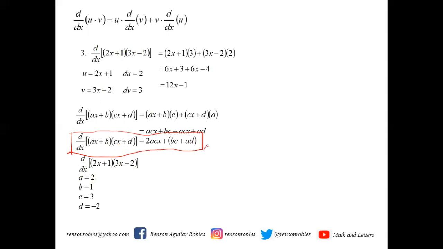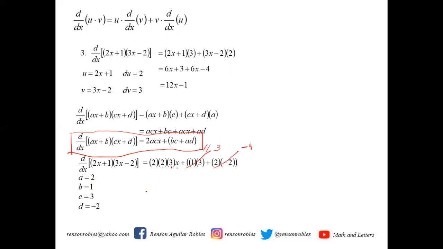By applying this formula, we shall have 2 times a, which is equal to 2, times c, which is equal to 3, then copy x, plus b is 1 and c is 3, so that's 1 times 3, plus a is 2 and d is negative 2, then 2 times negative 2. You know that 1 times 3 is 3, and 2 times negative 2 is negative 4.